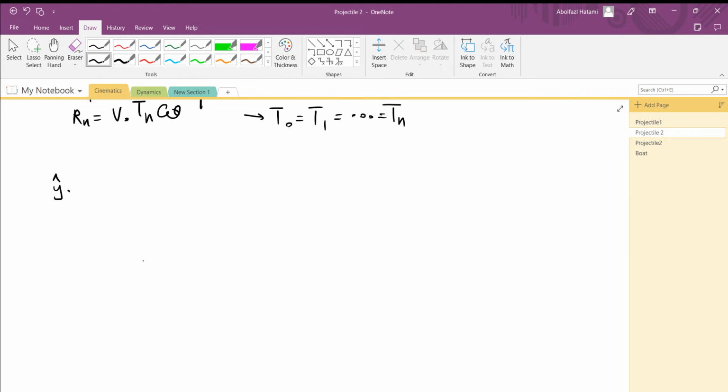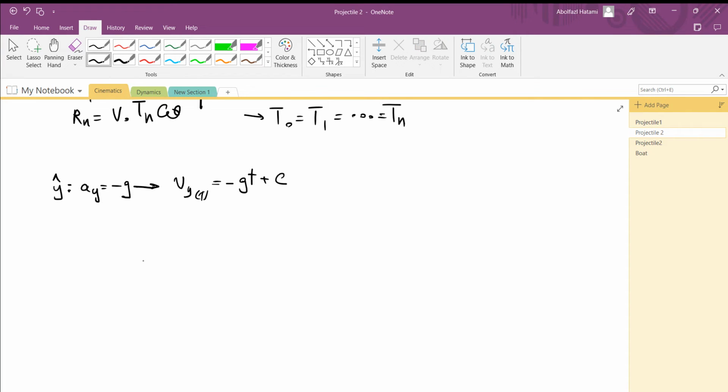In the y direction, the acceleration in the direction of y equals minus g. So if I integrate this equation, g is constant, so y velocity as a function of t is just minus g times t plus a constant.